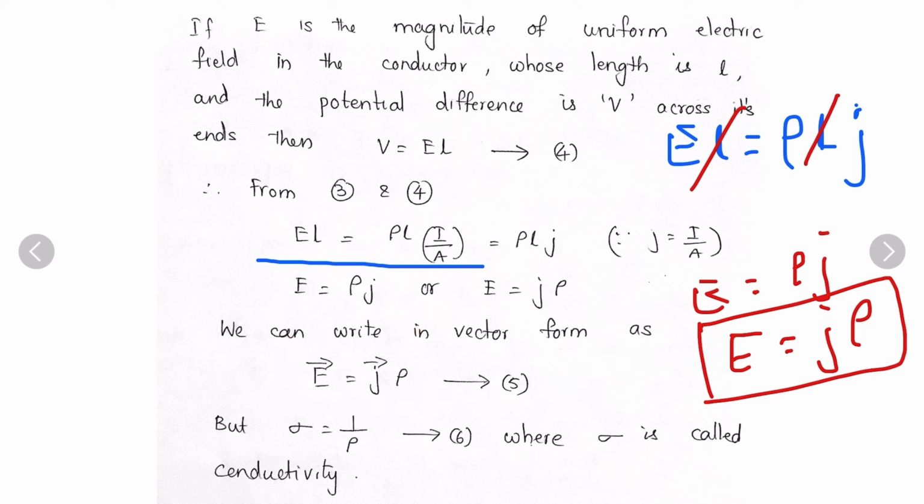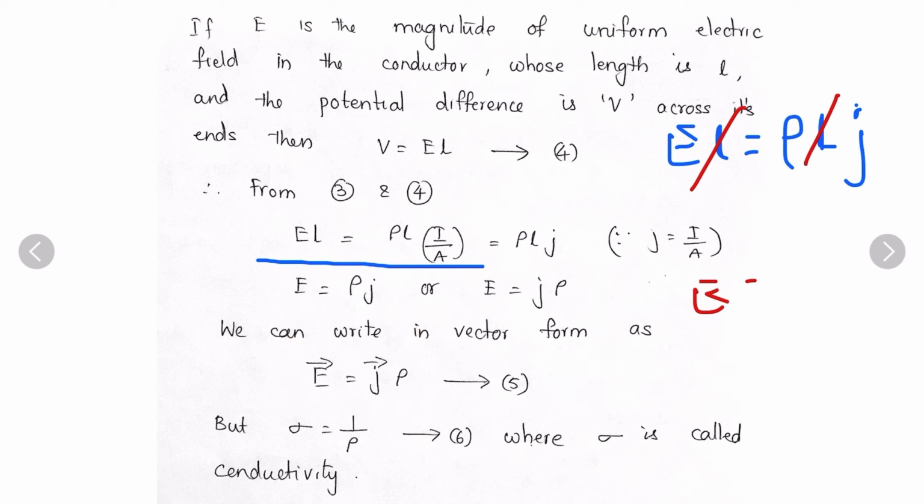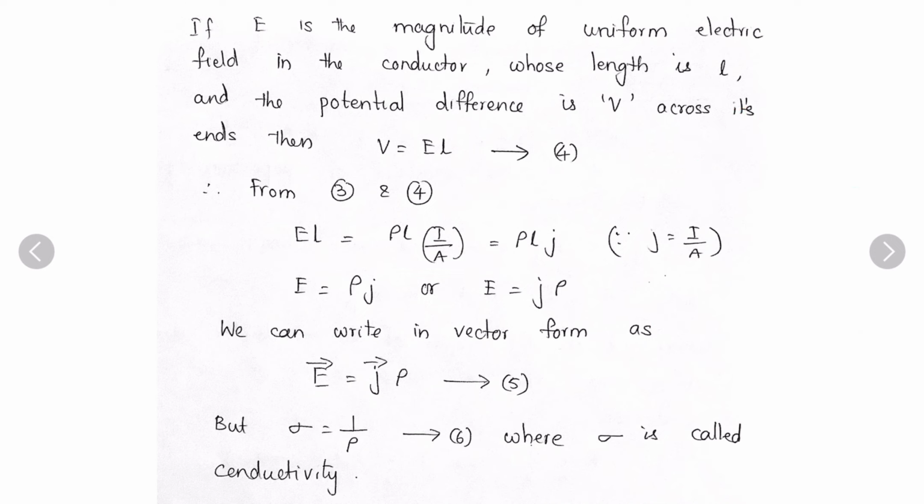Let's continue further. Another new term I am teaching: the reciprocal of resistivity is called conductivity. It is given by the letter sigma, that is sigma is equal to 1 by rho. Conductivity is denoted by the letter sigma.